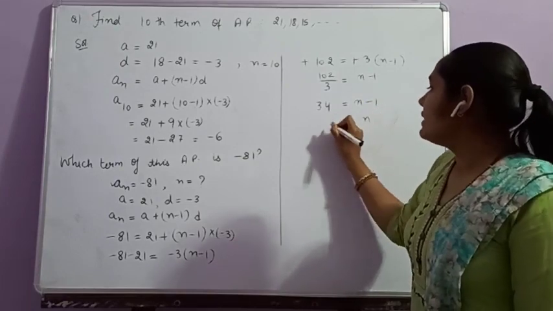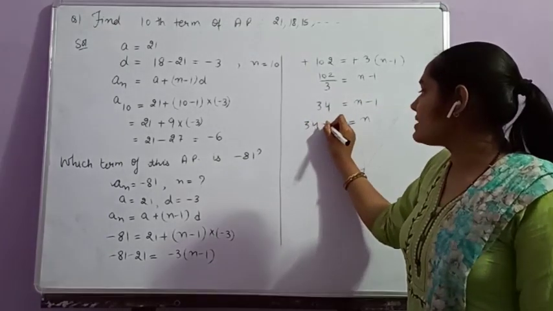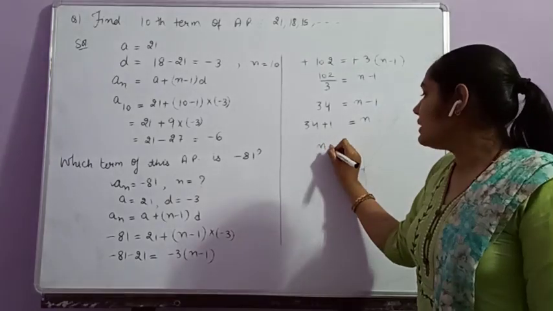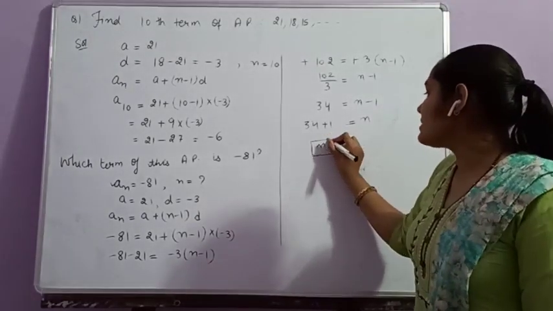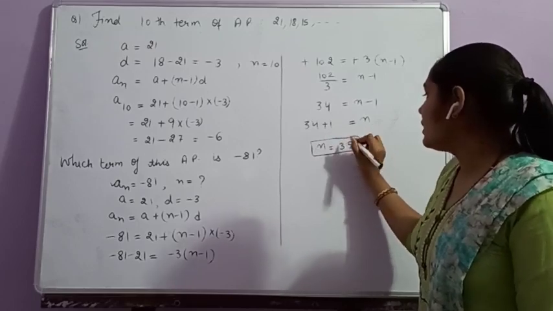Here n will be 34 plus 1, that is equal to 35. It means the 35th term is minus 81.